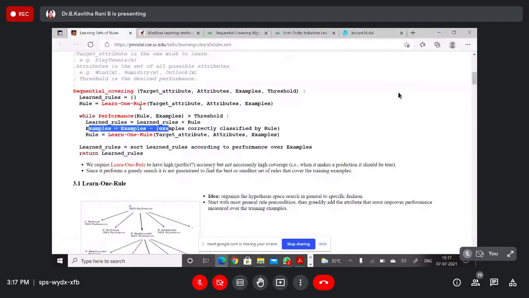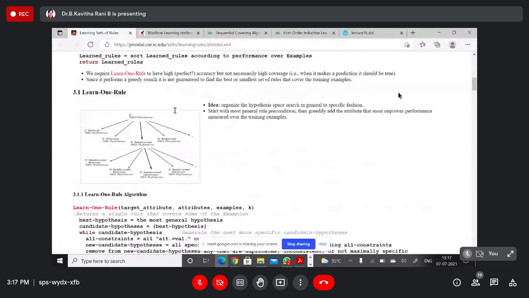So that is about the sequential covering algorithm. Next is learn one rule. The idea of learn one rule is to organize the hypothesis-based search in a general to specific fashion. It starts with the most general rule, which is generated from the precondition.